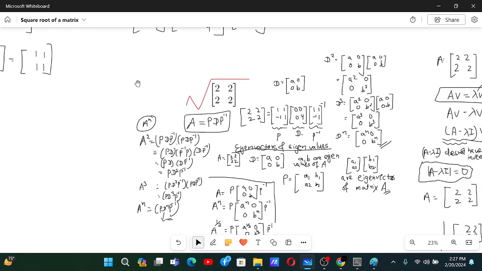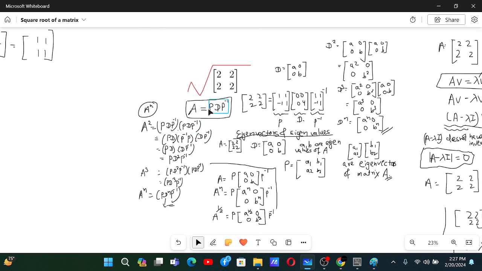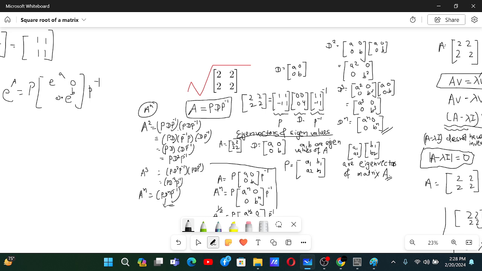If we have to talk about the flow, I first tried to give you the idea of how this form is helpful, how it helps to find the nth power, and let me give you a bonus as well. If you are trying to find, let's say, e to the power A, in that case also we will have P times [e^a, 0; 0, e^b] times P inverse. You can find a proof in a video in my playlist, the second video.